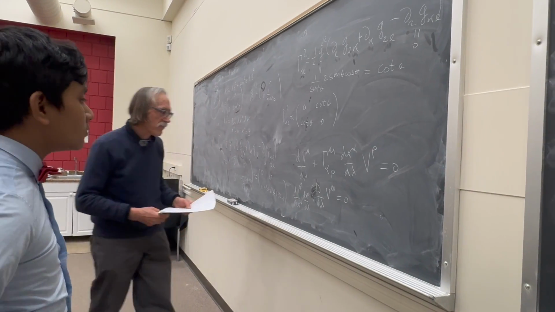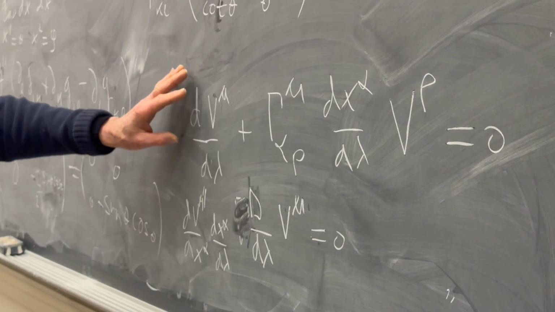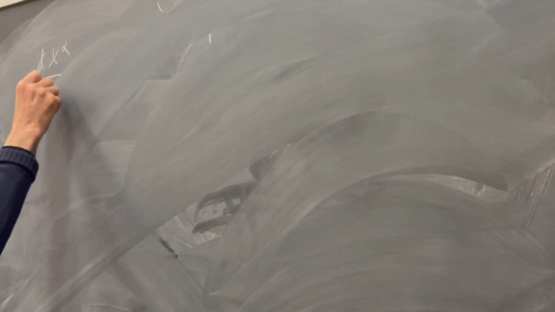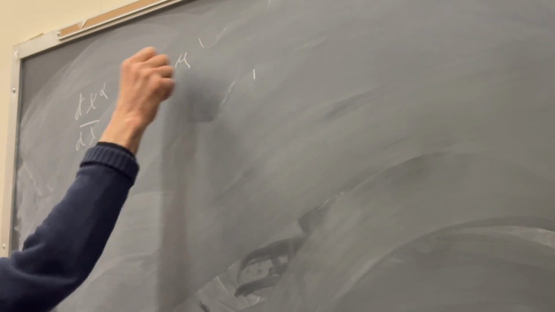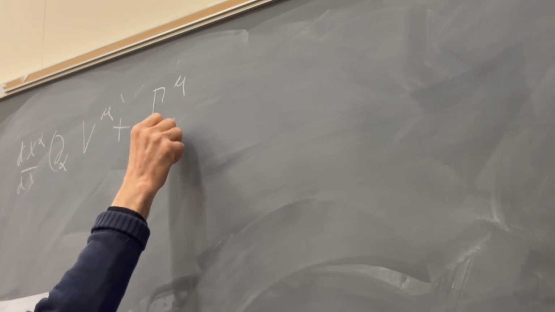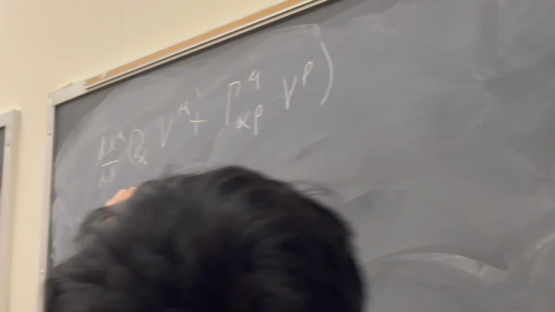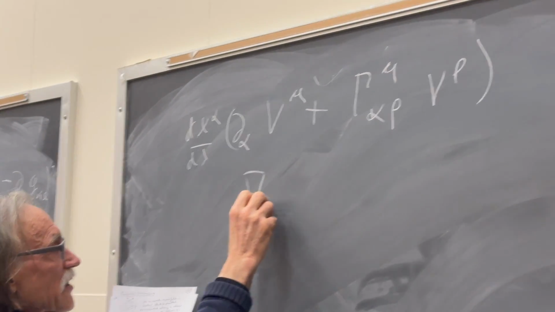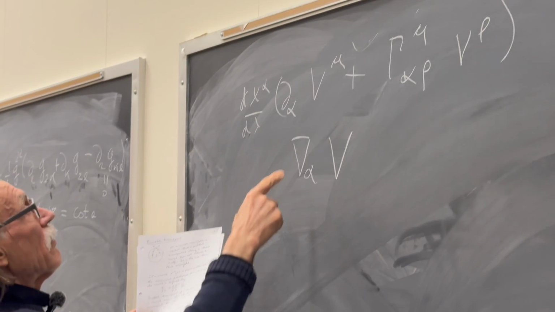I see. So, and what you have then, dx alpha d lambda times d alpha v mu plus gamma mu alpha rho v rho. And this combination we defined as d alpha on v mu.